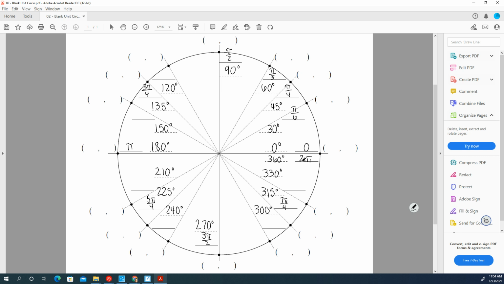All right, let's count in sixths every 30 degrees. 1/6, 2/6, 3/6, 4/6 is 2/3.